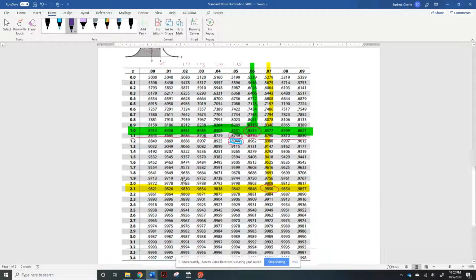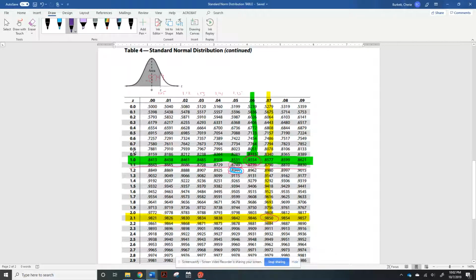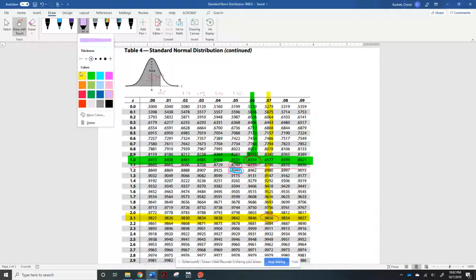I need a positive 0.8 and then run over here to the 6. Let me see if I can highlight this. In blue, 0.8, and there's the 6 right here.